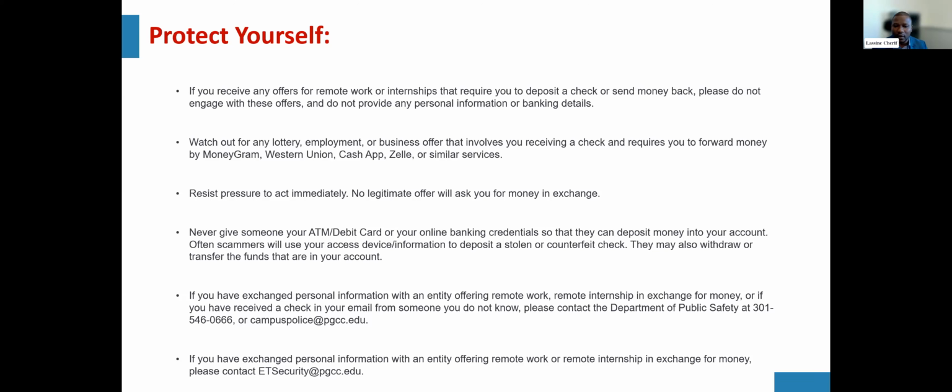Never share any of your personal information. Don't share your credit card or your ATM card information. And again, if you exchange any personal information with any of those entities and you were a victim, please reach out to the Department of Public Safety.